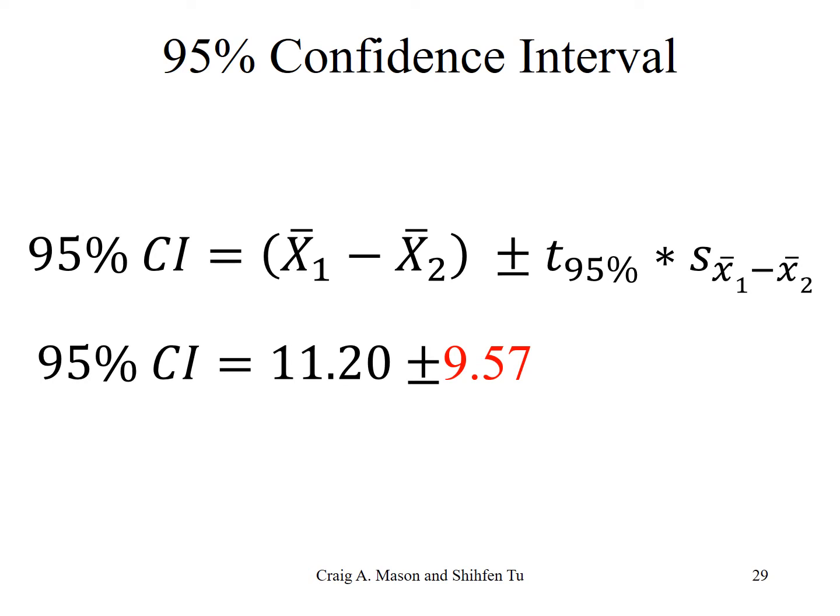We then calculate the lower limit of the confidence interval by subtracting 9.57 from 11.20, and we calculate the upper limit of the confidence interval by adding 9.57 to 11.20. This gives us 1.63 and 20.77. The 95% confidence interval is the range from 1.63 to 20.77.